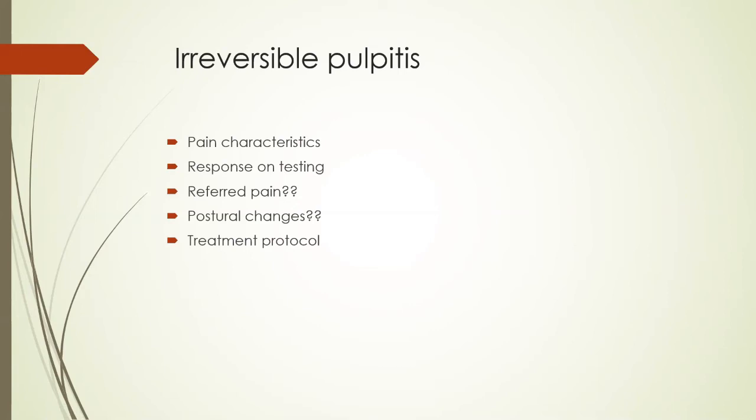And generally, in the case of symptomatic or acute irreversible pulpitis, over-the-counter analgesic drugs are not at all effective. Such a tooth is very difficult to diagnose because any stimulus we give to the pulp will give a response of pain. And the pulp doesn't contain any proprioceptive fibers. Without proprioception, we cannot find the offending tooth.